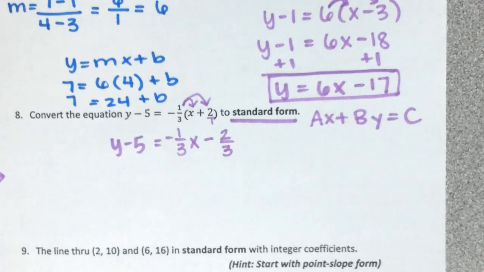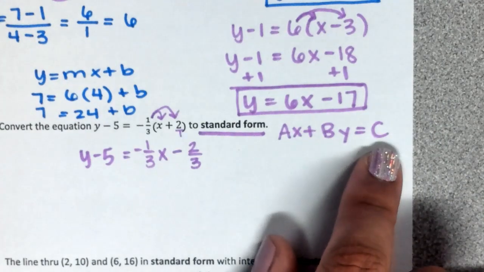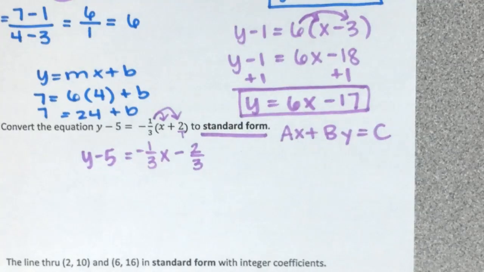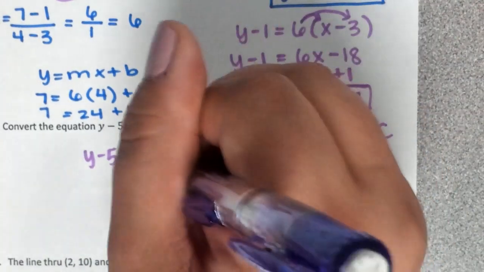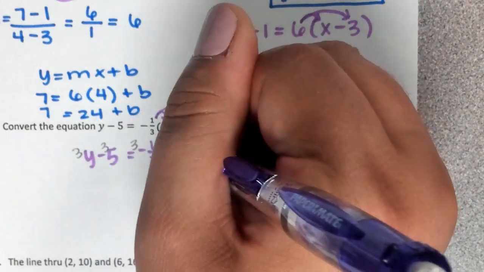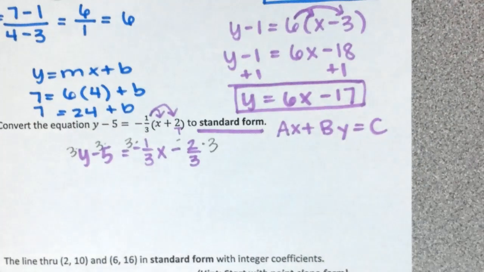Now, hold on real quick. This is disgusting. Do we have fractions in standard form right here? No, we cannot have fractions. So how can I get rid of them? I'm going to multiply by my denominator of 3, and I'm going to multiply everything by 3.